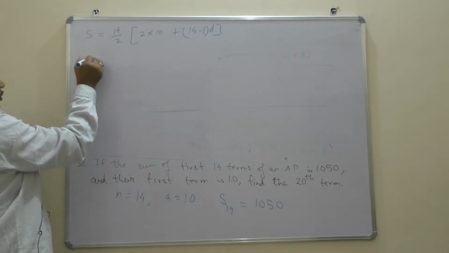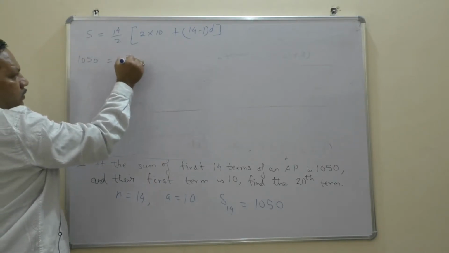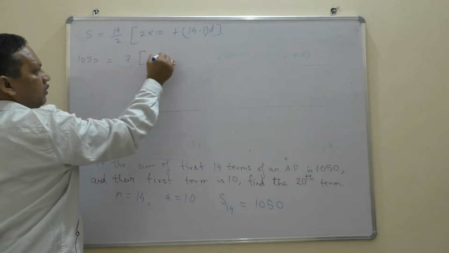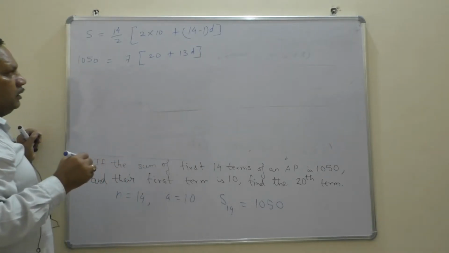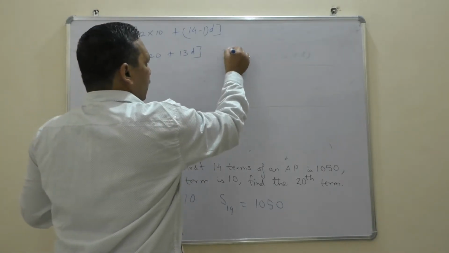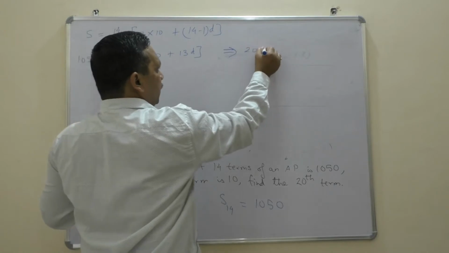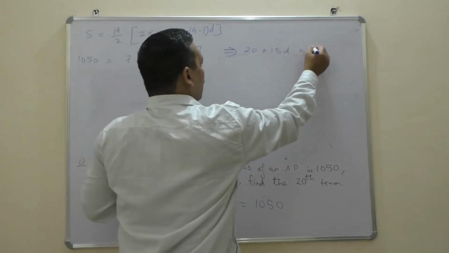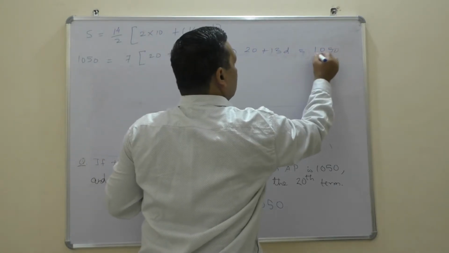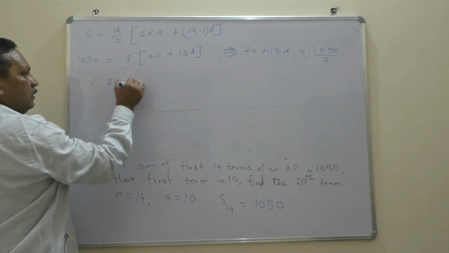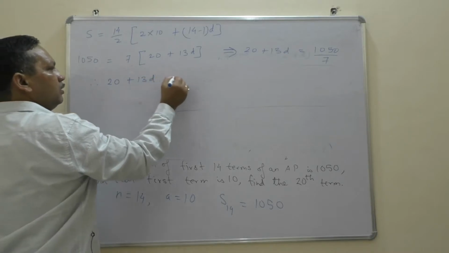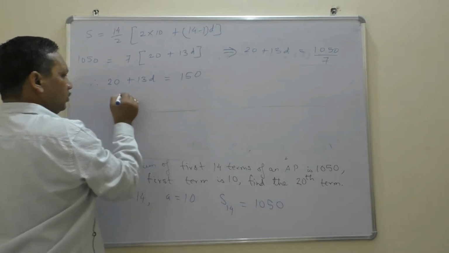So 1050 equals, if I do 14 by 2, 7 into (20 plus 13d). Clear? This implies that 20 plus 13d is equal to 1050 divided by 7. Therefore 20 plus 13d is equal to 150.